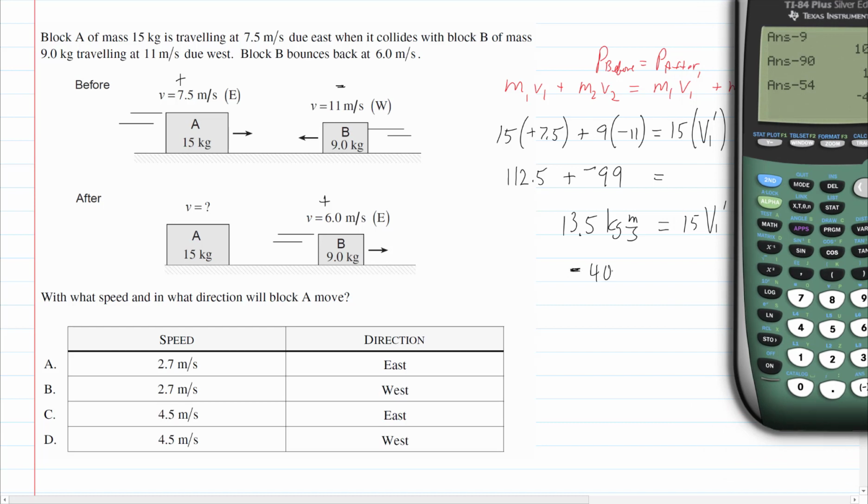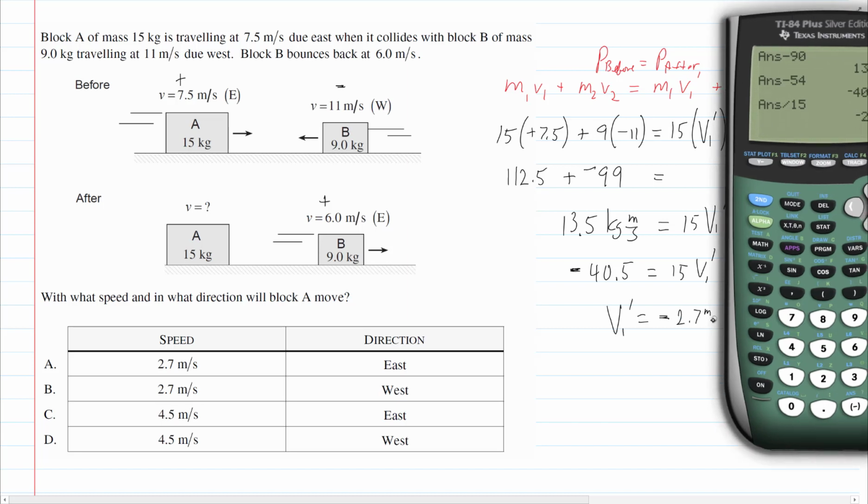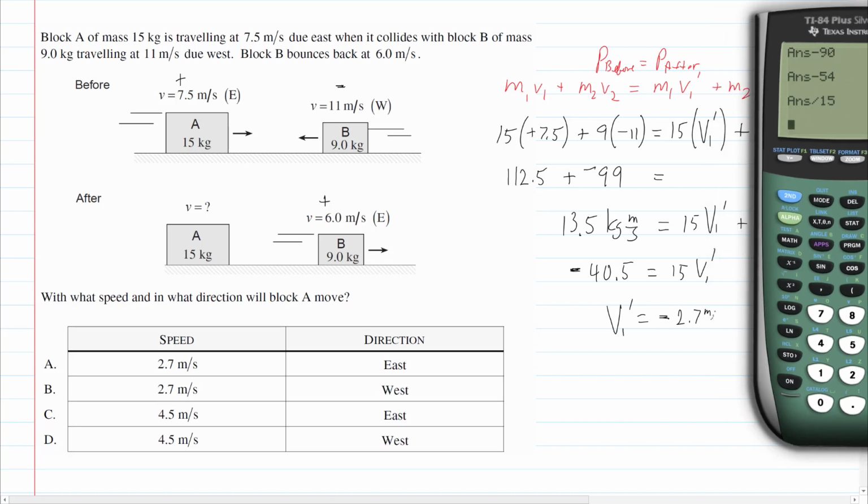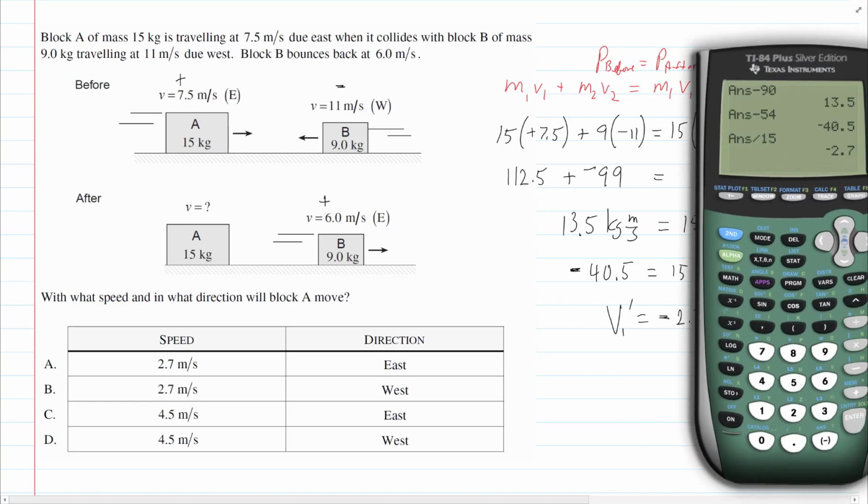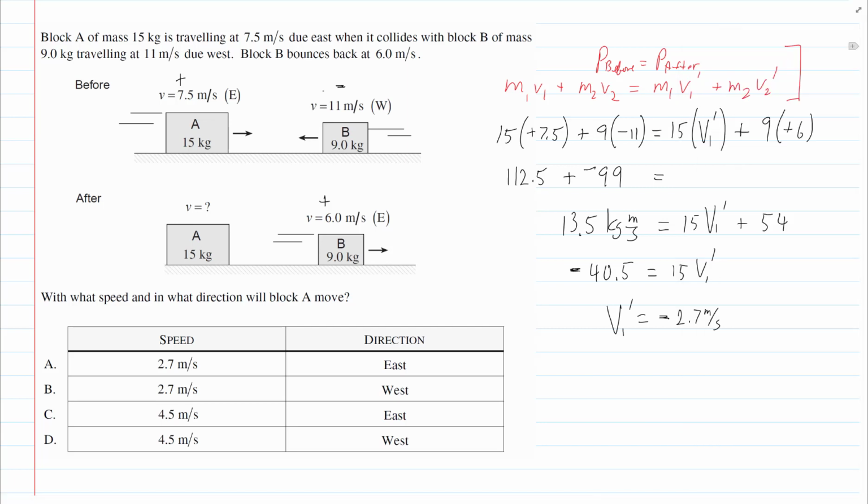Divide this by 15, and we get V1 prime is equal to negative 2.7 meters per second. And the negative means what? The negative was west. So V1 prime is equal to 2.7 meters per second west. B.